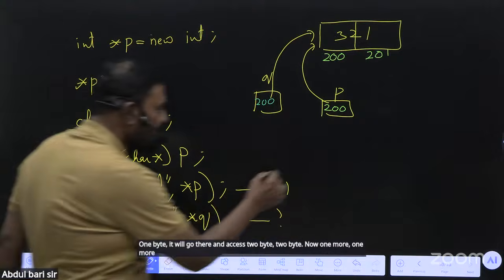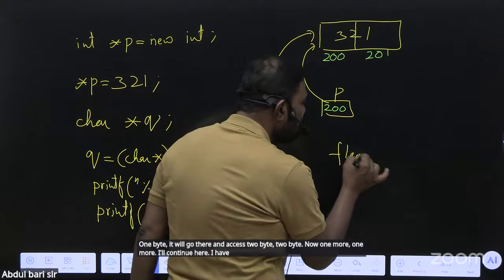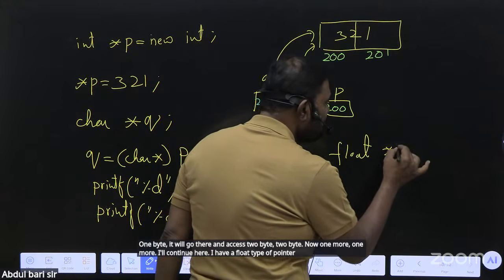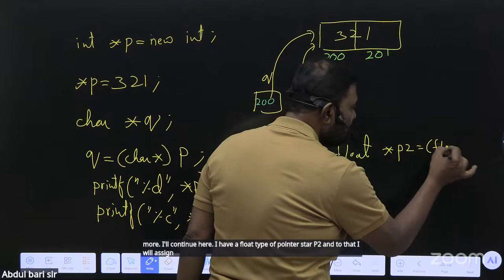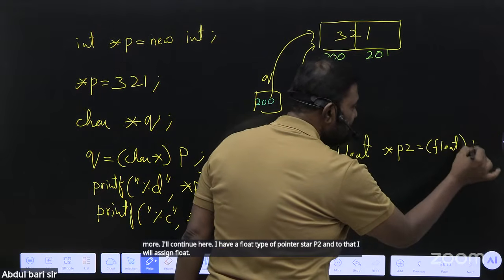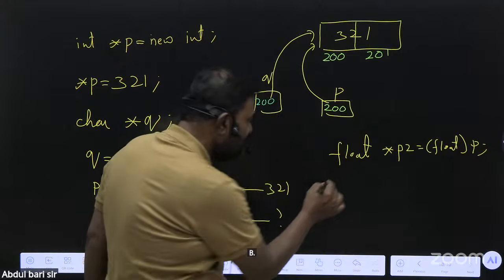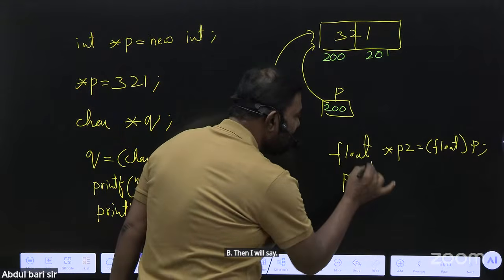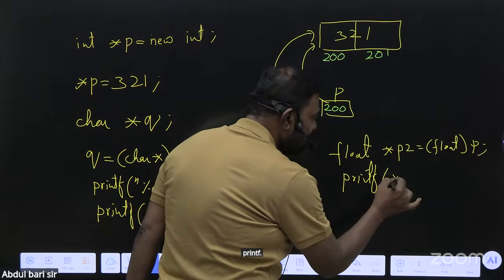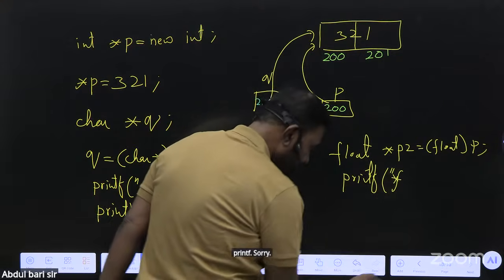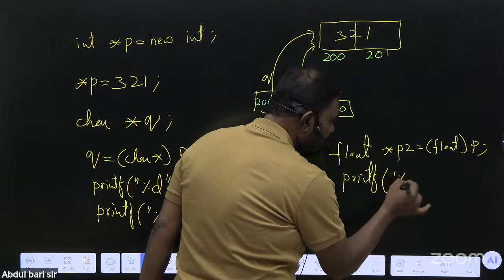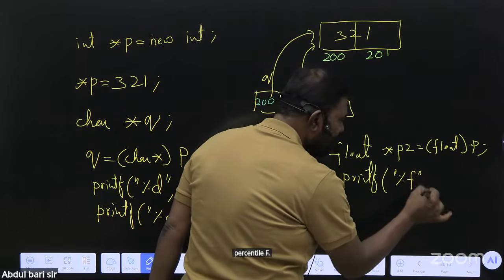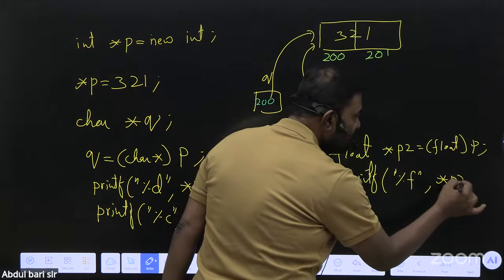Now one more. I'll continue here. I have a float type pointer star p2, and to that I will assign float cast of p. Then I will say printf percent f star p2.